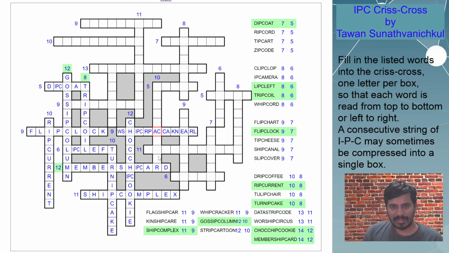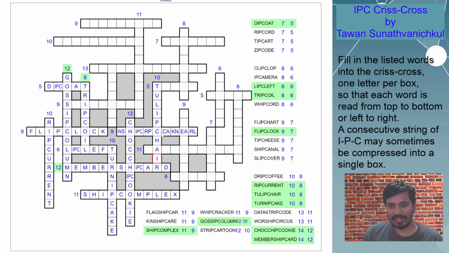Now we can look at this interacting column of size 10. The last letter is R. So we can see size 10, only 3 words are left. And we can quickly see that tulip chair is the only word with last letter as R. So we can go ahead, tulip chair. Now you know that it is C and HAIR.